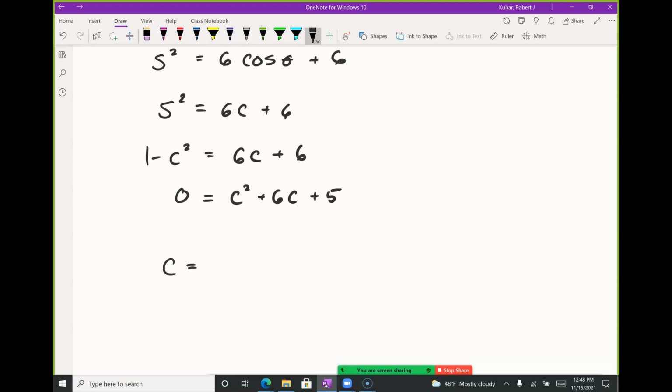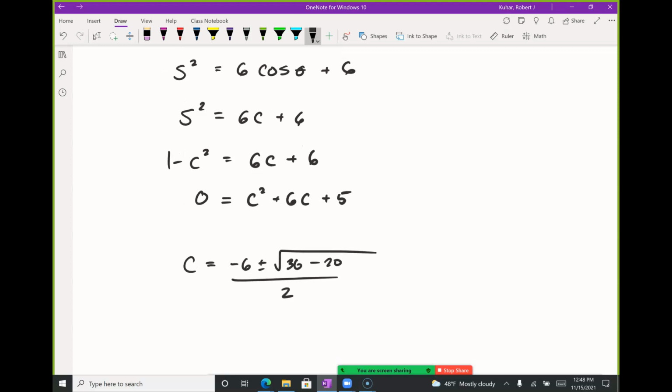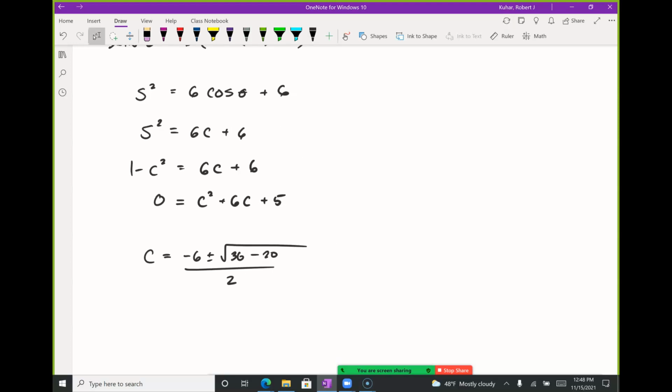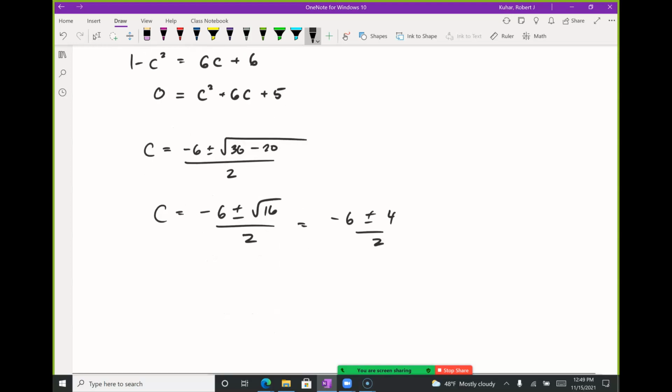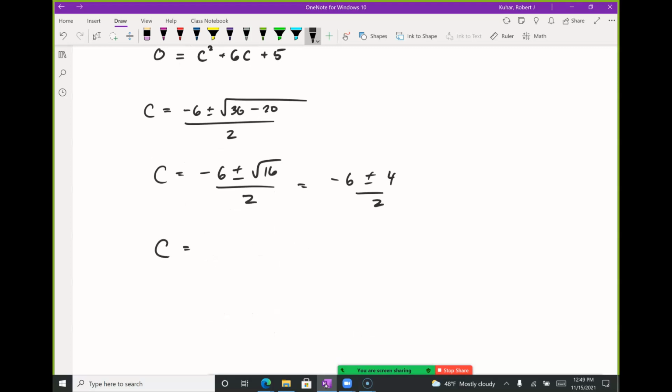So I get c is equal to negative 6 plus or minus the square root of 36 minus 20 all over 2. I just did my quadratic formula really quickly there. Is that okay with everybody? Nice. So c equals negative 6 plus or minus square root of 16. That's nice, all over 2. That's negative 6 plus or minus 4 all over 2. So c equals negative 10 over 2 or negative 2 over 2.